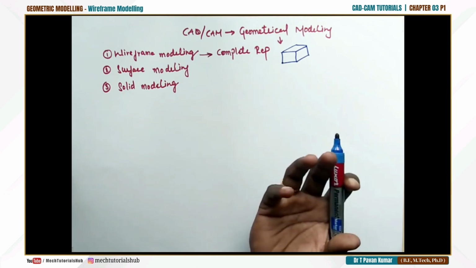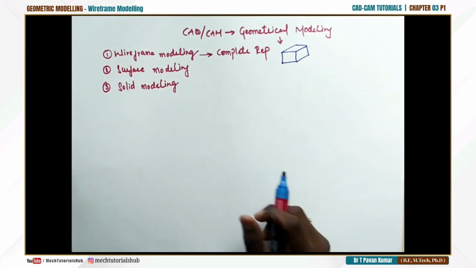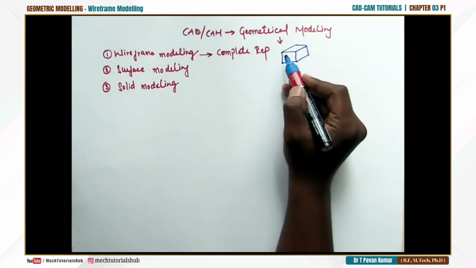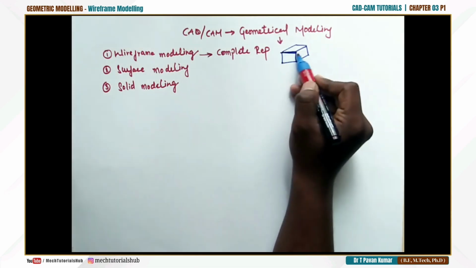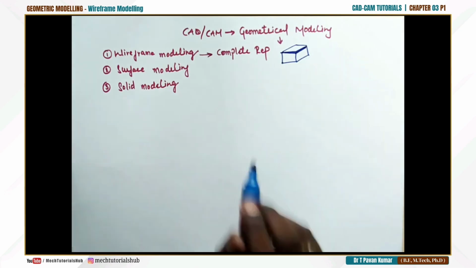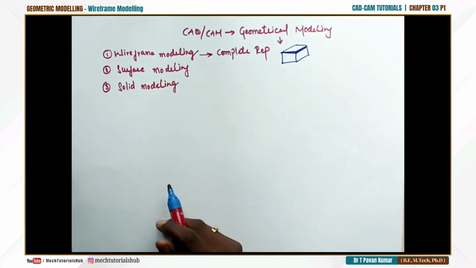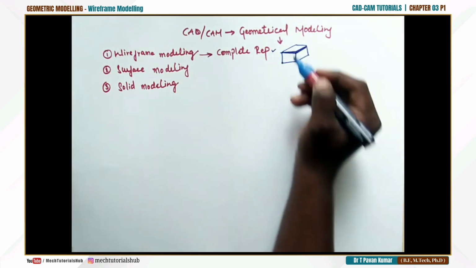It is not a solid one. Internally there won't be any mass or volume. It is represented in the form of wires only. It is completely hollow inside. There is nothing inside, and you can see from one side to the other. That is the reason I said this is not a complete representation.